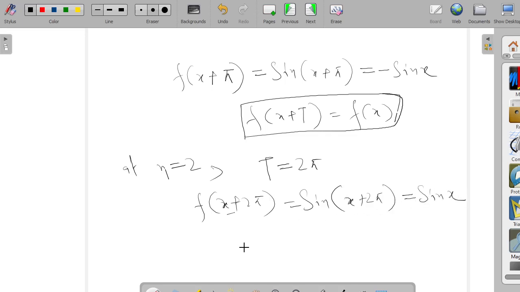So we don't need to check further, and this tells us that 2 pi is the period of the function. This is a handy approach to determine the period of a function.